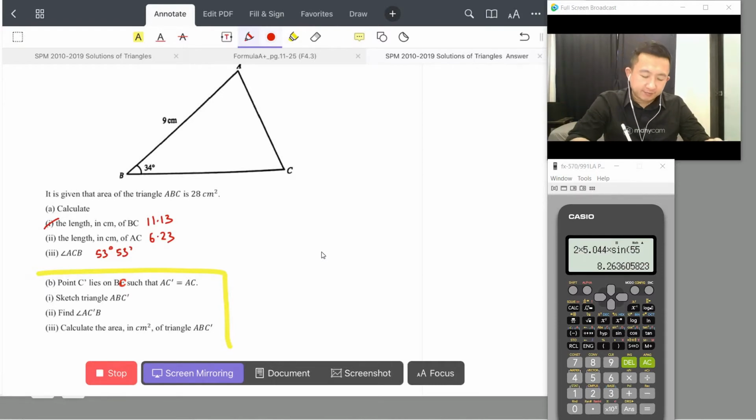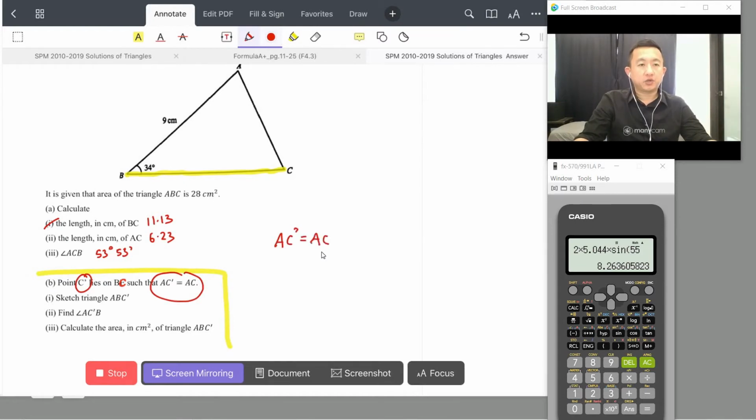Point C prime, a new point again, lies on the line BC, okay, it's along this line, such that AC prime equals AC. Same thing again. Do you know the length of AC? Yes, you do now, 6.23. So we are going to sketch another side of the triangle, which is AC prime.